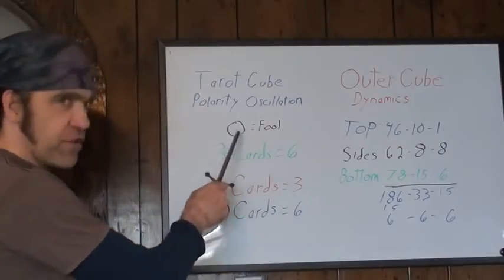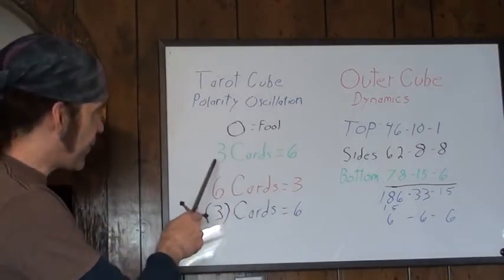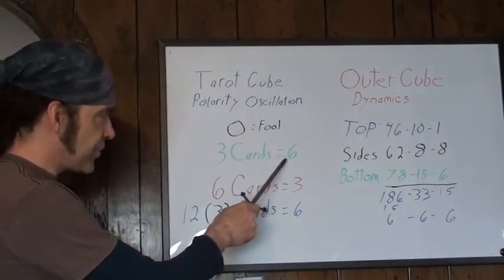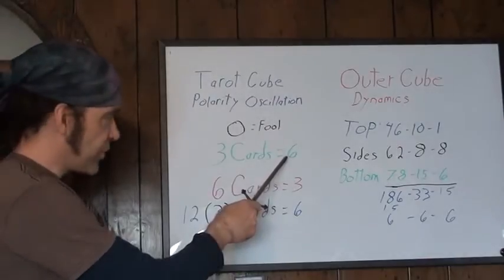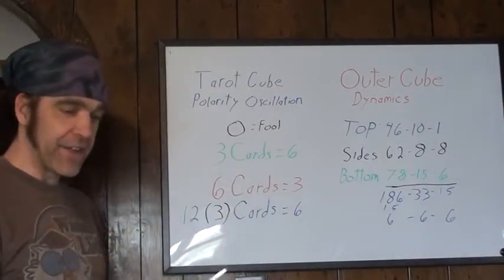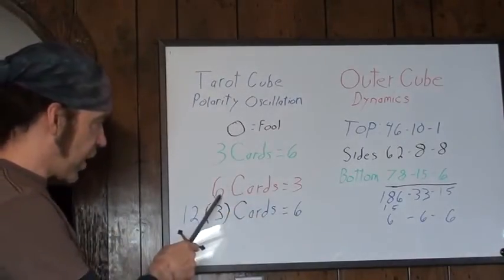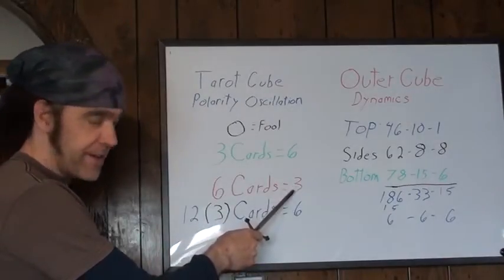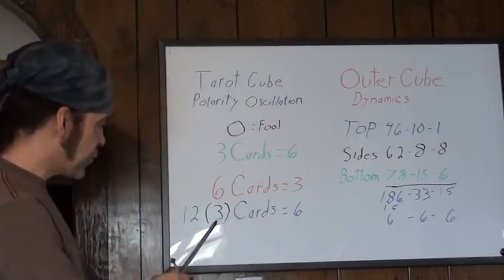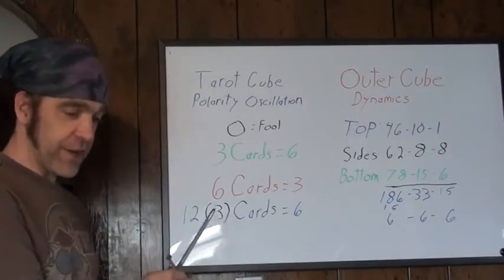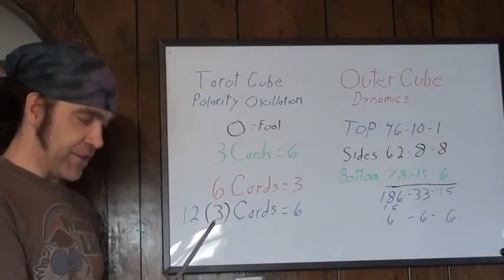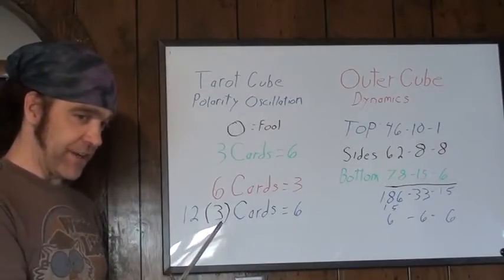What you have is 0 for the Fool, and then you have 3 cards, the Axis cards, and their values total 6. Then the next row is 6 cards, and their values reduce to 3. And then the next 2 rows, and here's where it may have painted a different picture that I didn't mean to convey.